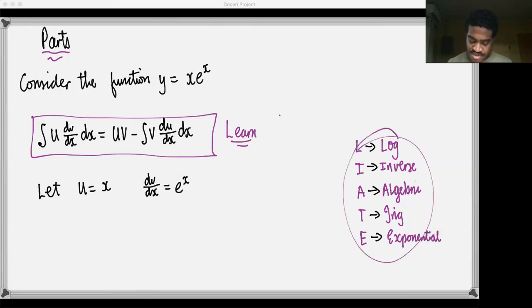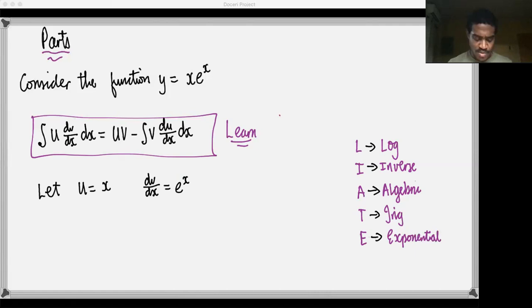The whole purpose of this is that it helps us to know which function to let u be. To utilize this, you need to look at the product of the two functions that you need to find the integral of.